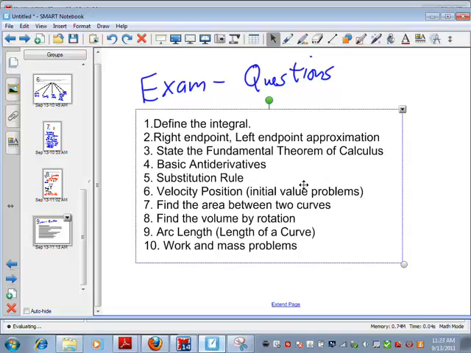And then what are we going to do with it? You break up a to b into n pieces, and then you do the height and the width. The width is already done: you break it into n equal pieces, that's the width. And then the height is, you pick a place in each sub-interval where you want the height to be.